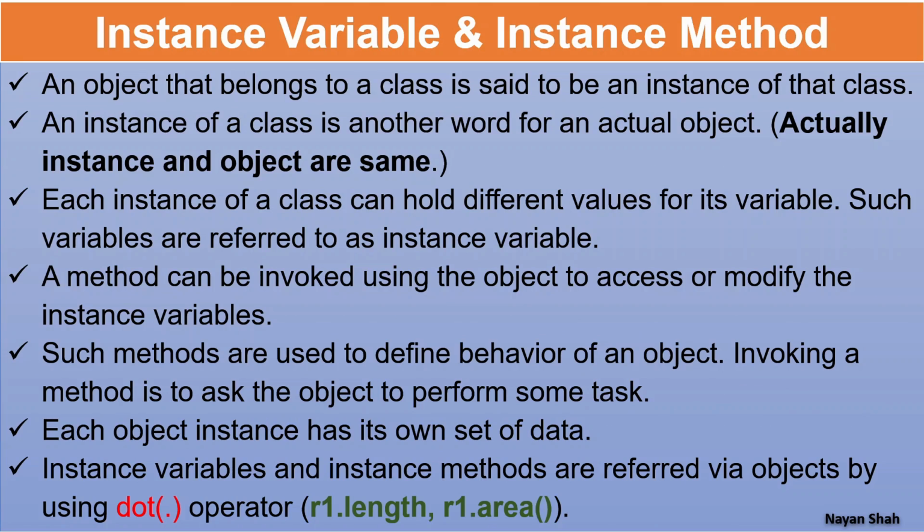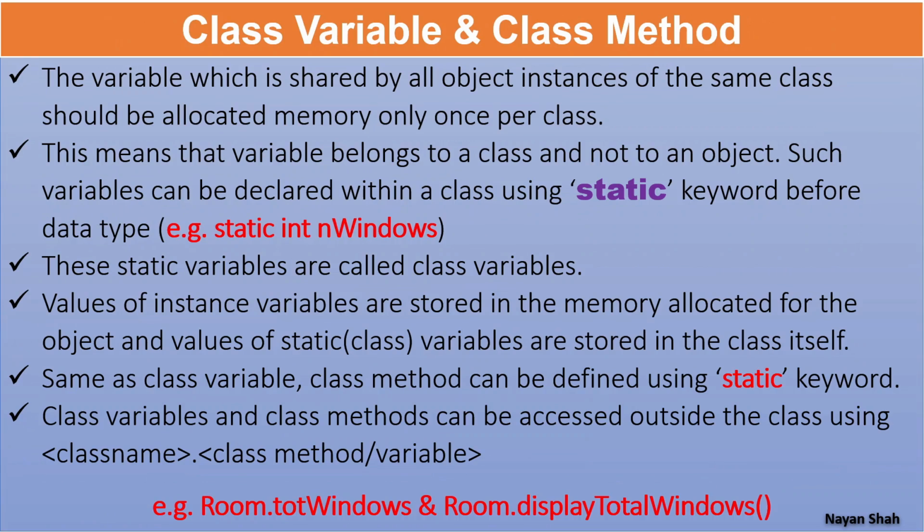R1.length is an instance variable because length belongs to every object. R1, R2, R3, R4, R5, every object has got length. So we need to say R1.length, R2.length, R3.length, and so on. But to access a class variable and class method, we don't need to refer to an object. We directly refer to the class name, that is Room.totalWindows, Room.displayTotalWindows.